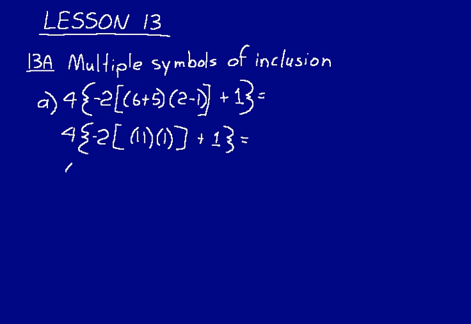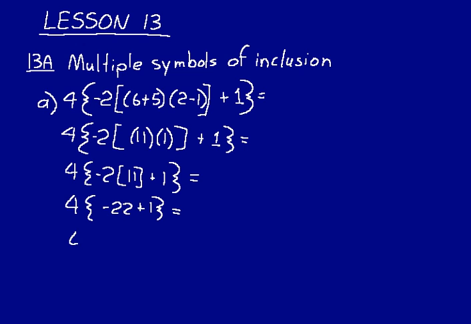Now, let's keep working the innermost set. We have 11 times 1 is just 11, plus 1. Now we can get rid of the bracket, because we can do negative 2 times 11, that would be negative 22, plus 1.